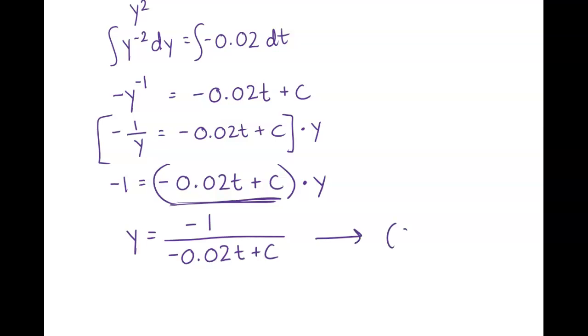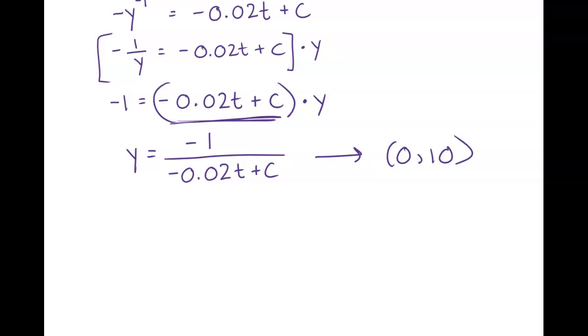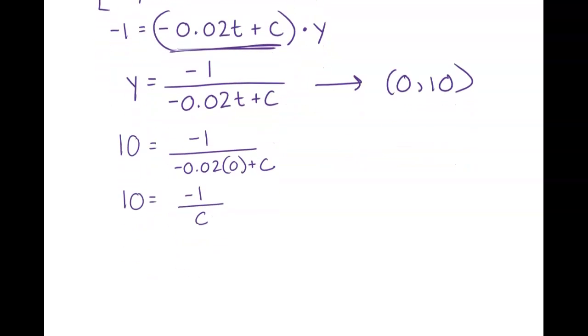Now let's use our initial condition of (0, 10). So y, which is 10, is equal to negative 1 over (negative 0.02 times 0 plus c), meaning 10 is equal to negative 1 over c. Multiply both sides by c. 10c is negative 1, so c is negative 1/10.